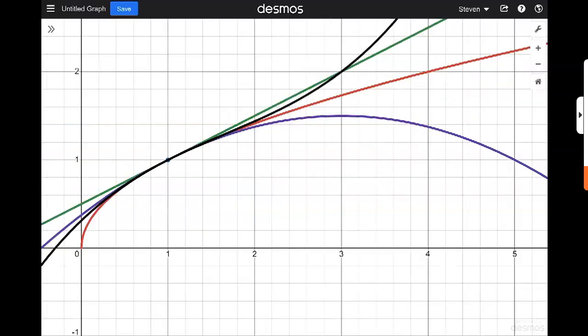So I just want to zoom in here on the graph, and we can see the linear approximation, the green line here. We can then see the quadratic approximation, the purple line here. And now you can see the cubic approximation, which stays even closer to the red graph for longer.